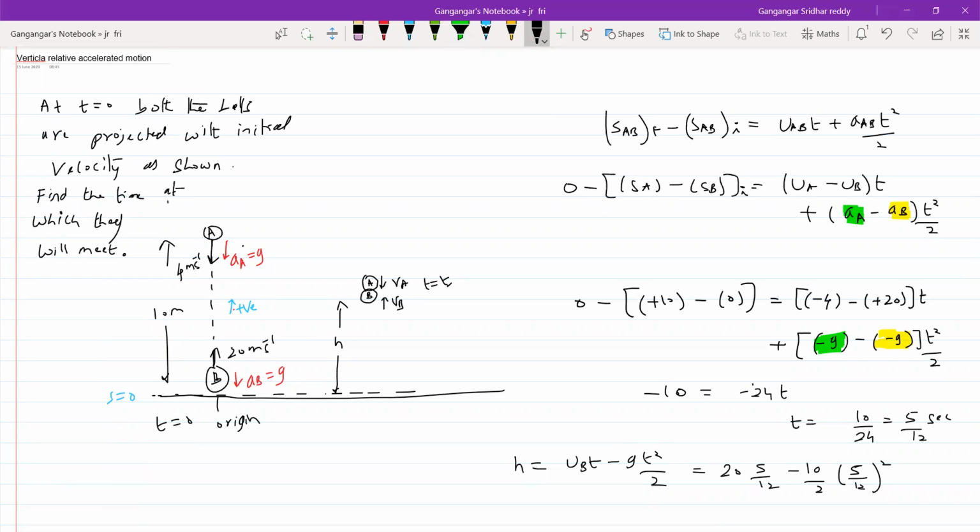Anybody got the value of H? 3.3. Okay, fine.